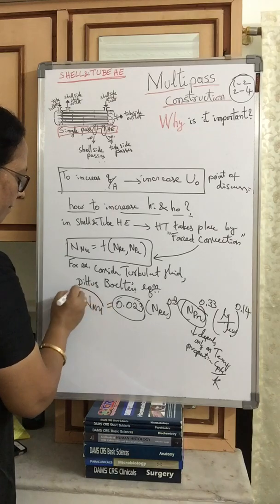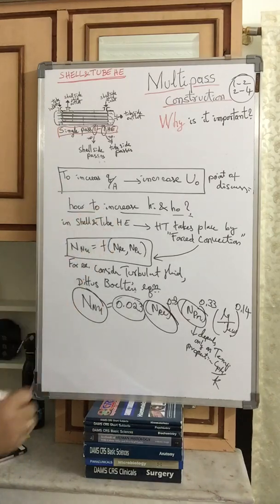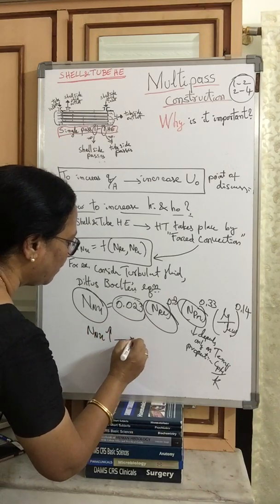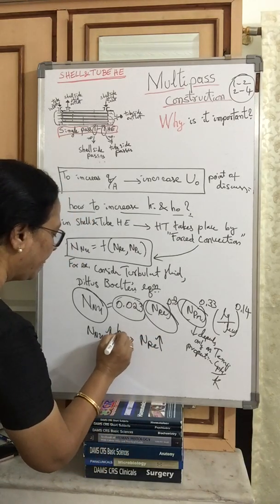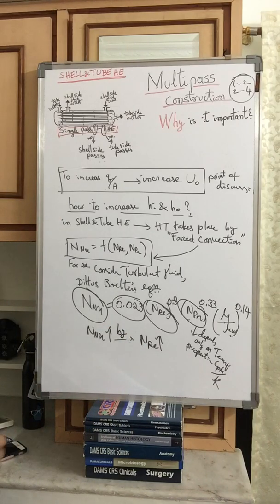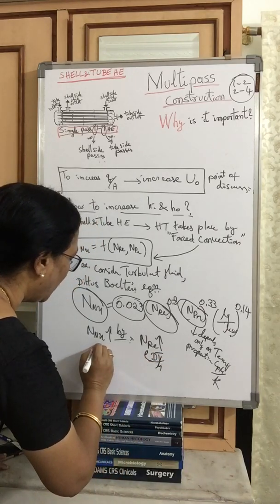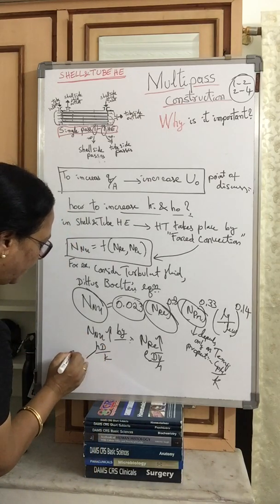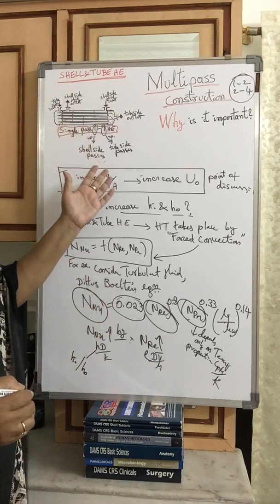So on which one does Nu depend? For particular temperatures and all that, Nu depends on Re. So Nu can be increased by increasing Re. What is Re here? Rho D V bar by mu. And Nu is hD by K. Here h can be Hi or H naught, depending on which fluid we are calculating.